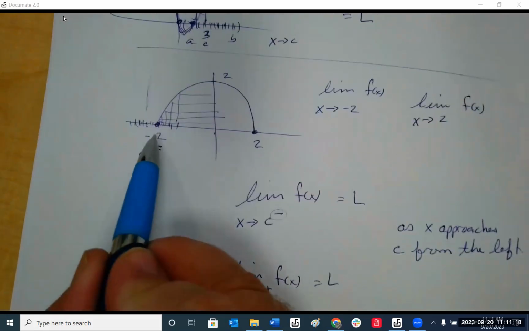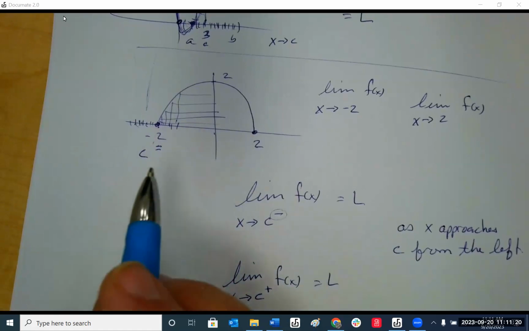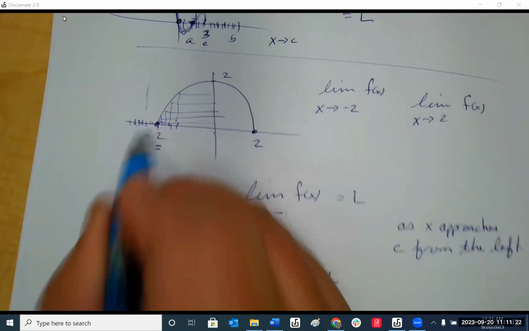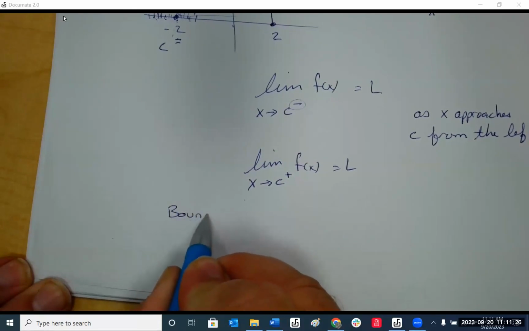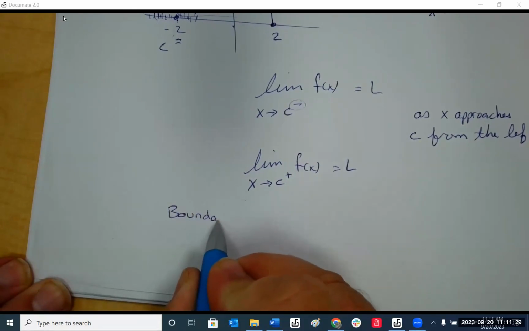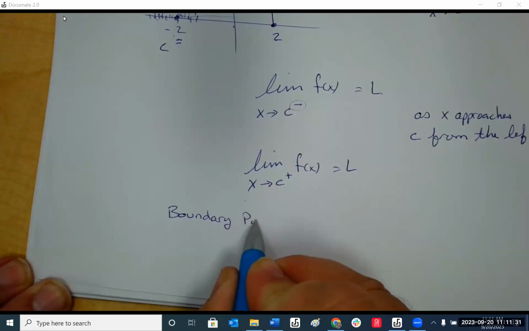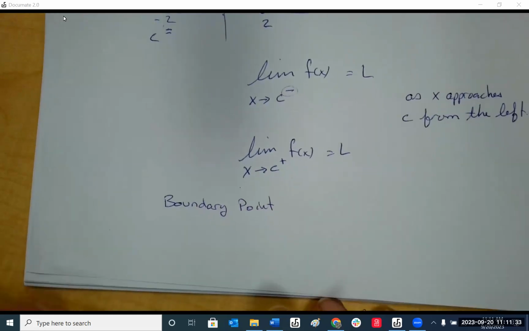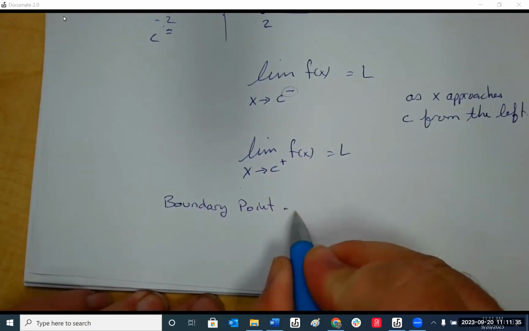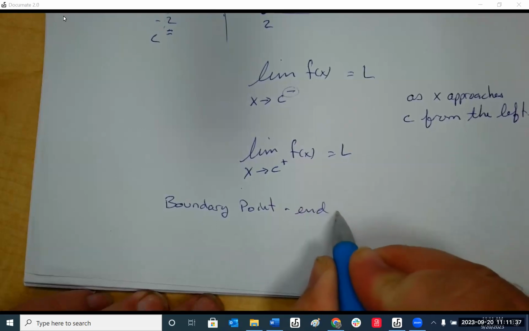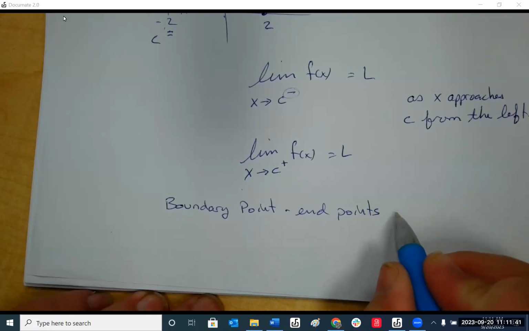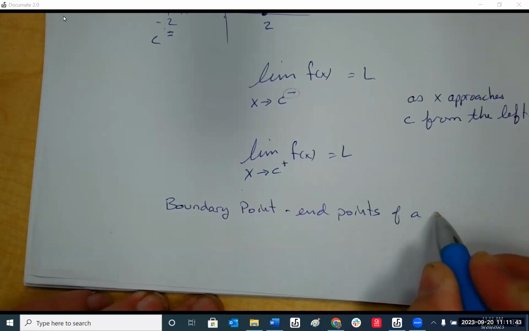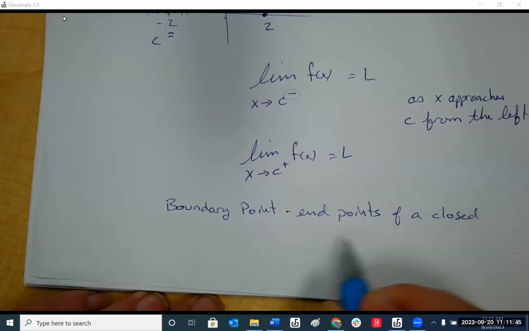Now, if you only have a one-sided limit, these endpoints are called boundary points. Endpoints of a closed domain.